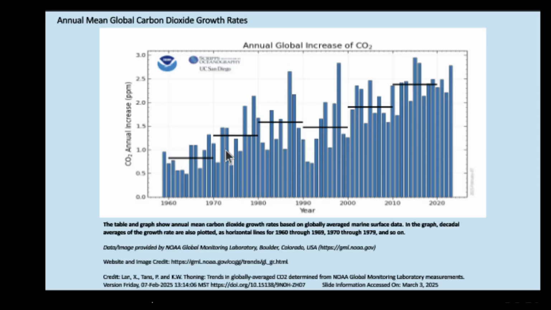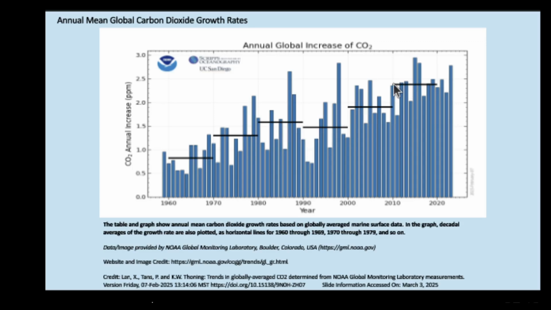And then the black horizontal lines show the decadal annual average over a 10-year time period. From 1960 to 1969, the average annual growth rate was about 0.8 parts per million. As you can see, over the decades, that's generally been increasing.